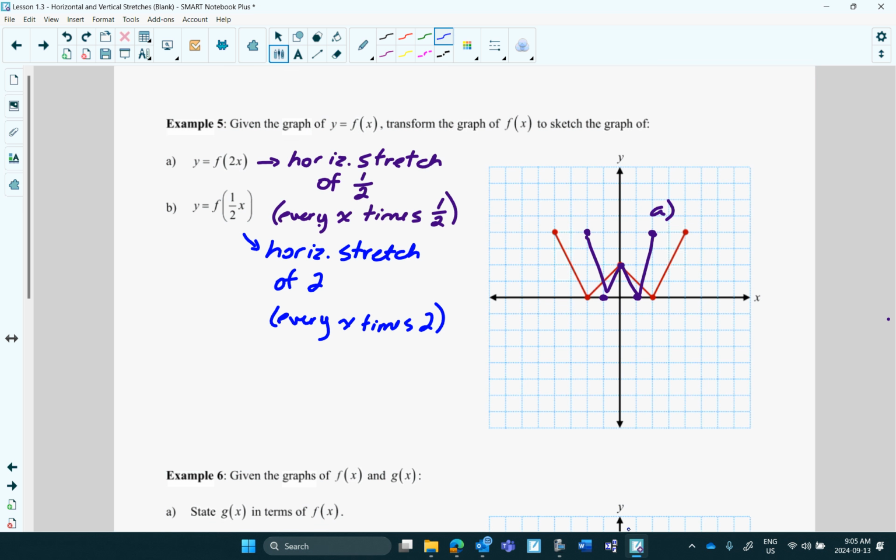And then for B, we go back to the red graph, take those reference points, and then double every x, keep the y's the same. So x is -4 here, the new x will be -8. Here x is -2, the new x will be -4, and y stays the same.